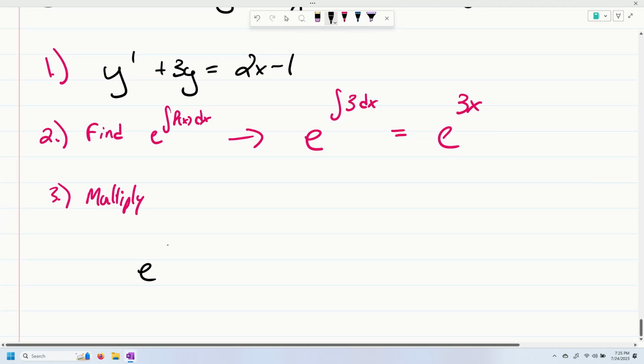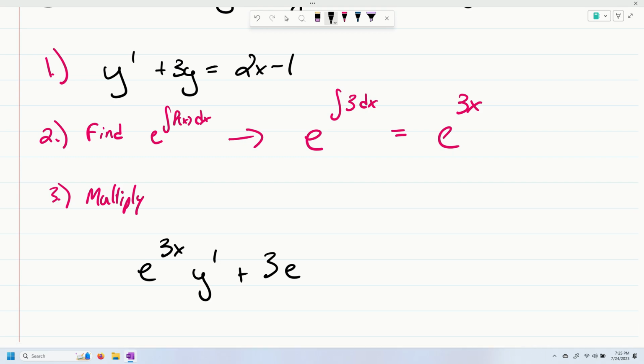So we get e to the 3x times y prime plus 3e to the 3x times y equals 2x e to the 3x minus e to the 3x.